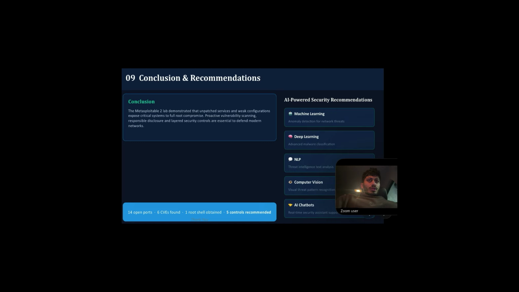The key takeaway is that organizations should perform regular vulnerability assessments and apply security patches. Emerging technologies such as machine learning, deep learning, natural language processing, and AI-powered security assessment can further strengthen cybersecurity by improving threat detection and automation.